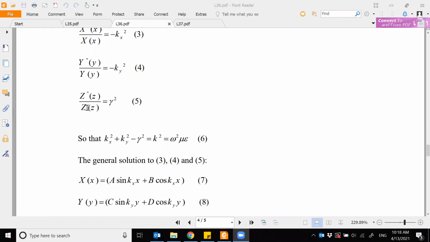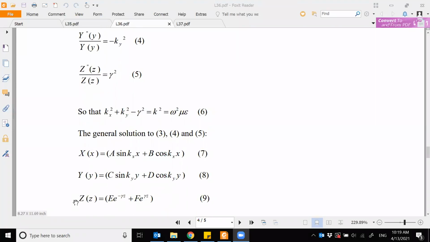And this is very similar to our transmission line equations. Remember our transmission line equation where we solved? The second order differential equation is very similar to that. So therefore you will get an exponential solution, which is either positive or negative. So e power minus gamma z or F e power gamma z, both are the solutions.